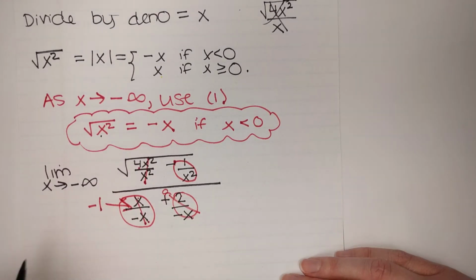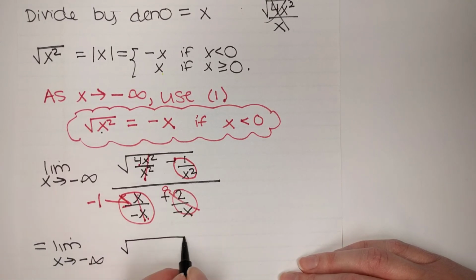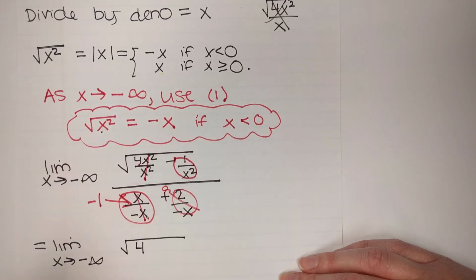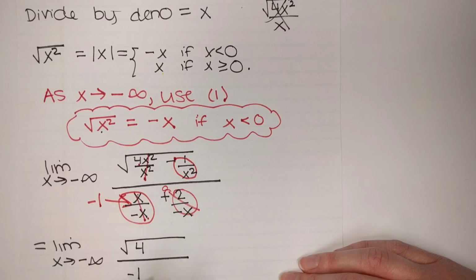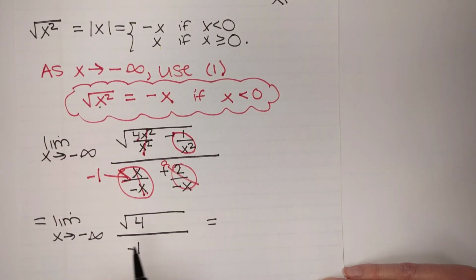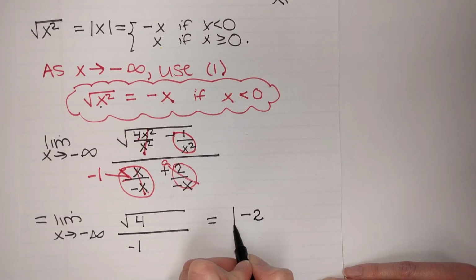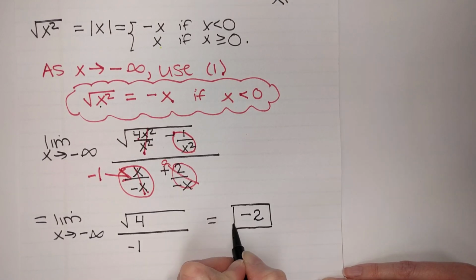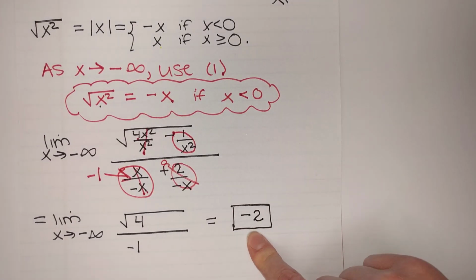So the simplification of this will look like the limit as x goes to negative infinity, square root of 4 minus 0 over negative 1 plus 0. Now, the square root of 4, of course, is 2, over negative 1, so we get negative 2. And so in this case, it evaluates out that there's not an x available anymore, and so our limit is equal to negative 2.